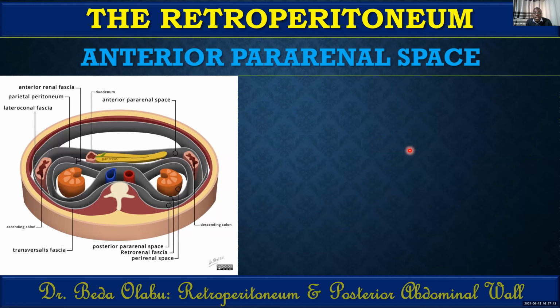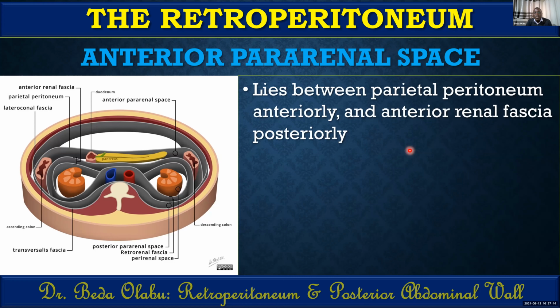In that case, what are the contents of the anterior pararenal space? The anterior pararenal space contains the pancreas. You'll remember that this is a mixed organ, both endocrine and exocrine functions.